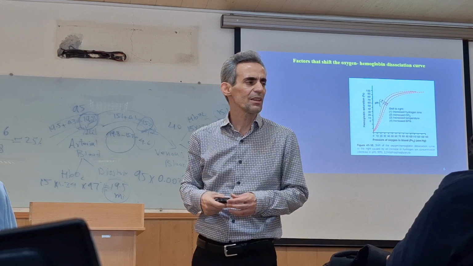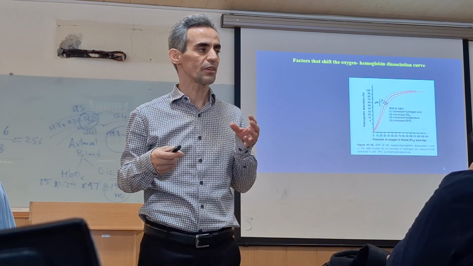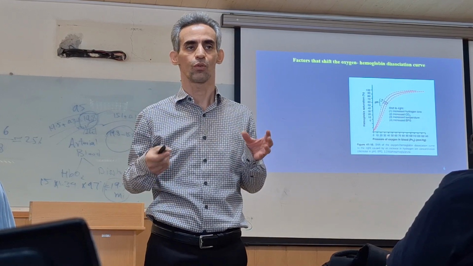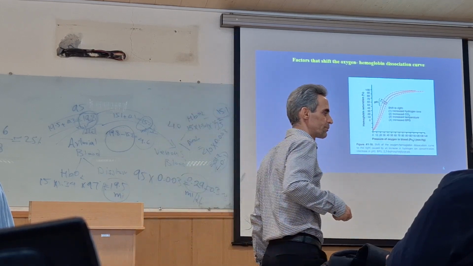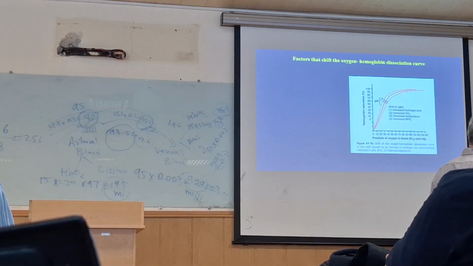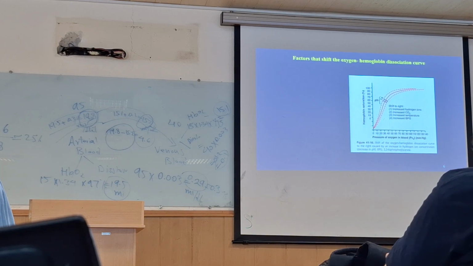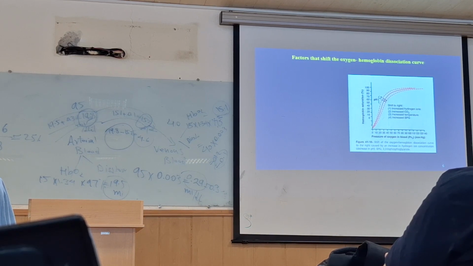Can you tell me what's the meaning of right shift and left shift, or shift to right and shift to left? What's the meaning of this? It depends on the affinity of hemoglobin to oxygen.